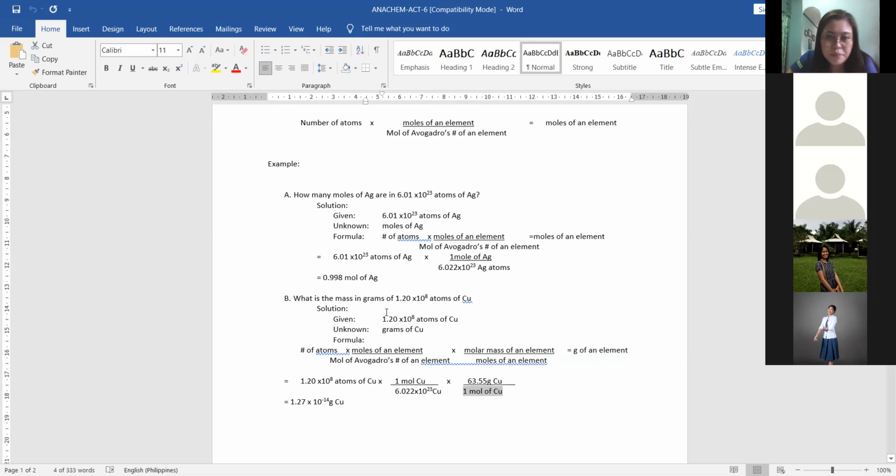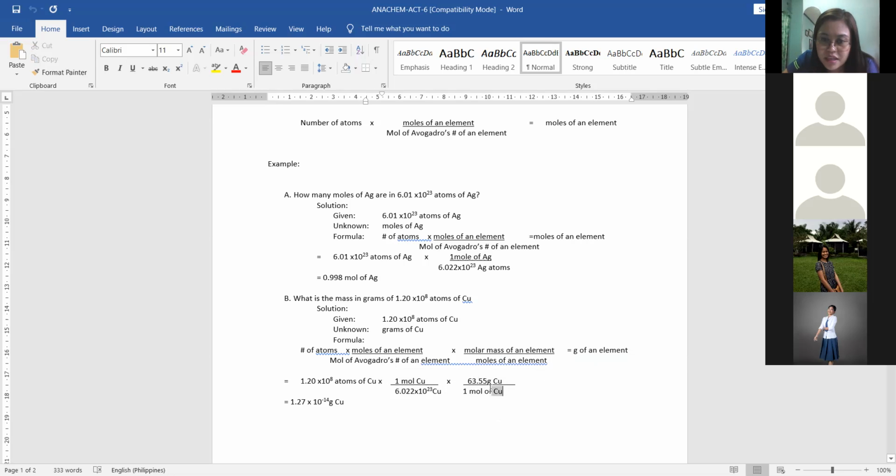In this example, you have 1.20 times 10 raised to the power of 8 atoms, and again we multiply by Avogadro's constant for one mole of copper, which is 6.022 times 10 raised to the power of 23.